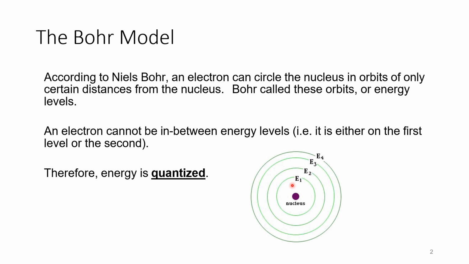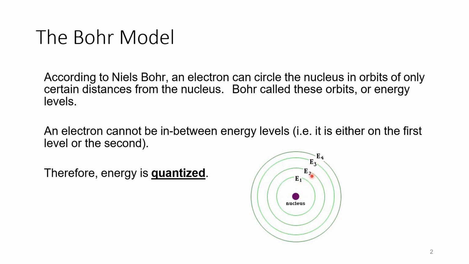So look here: E1, E2, E3 and also E4. An electron can sit on E1 or jump to E2, but it can never stop in between two energy levels.